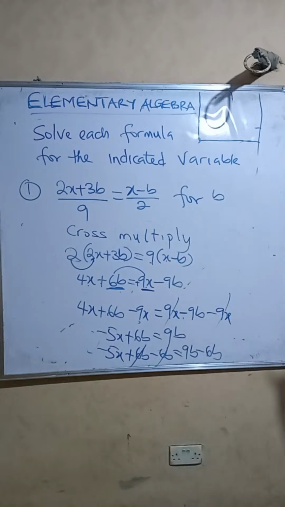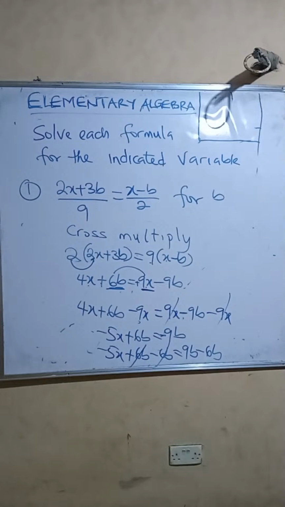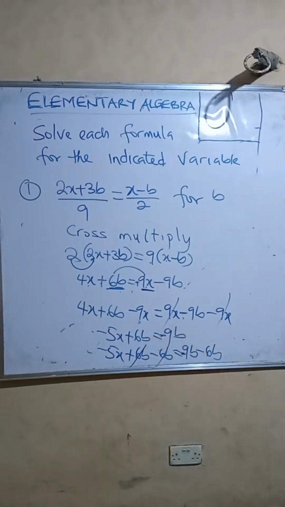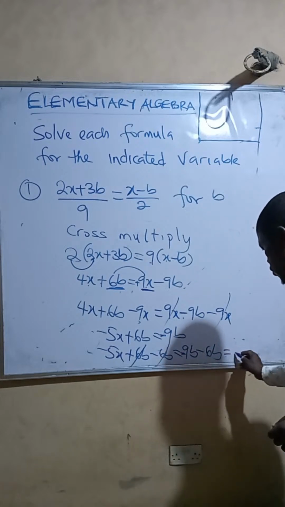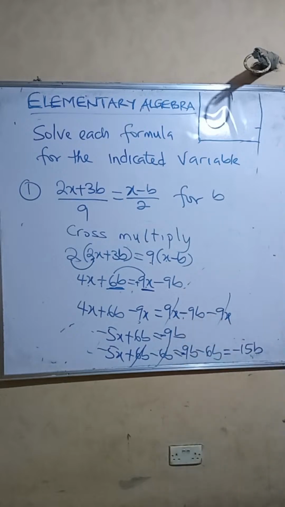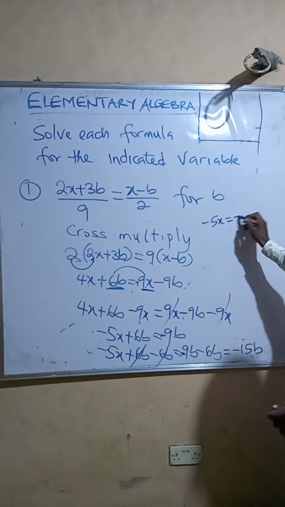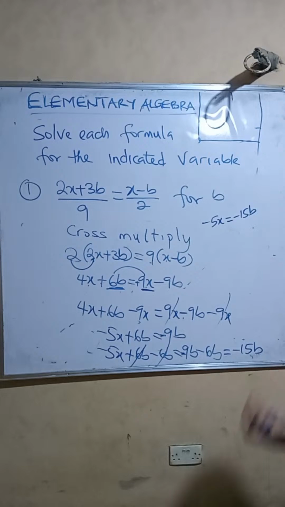So this will be equal to minus 15b. So we now have minus 5x equal to minus 15b.